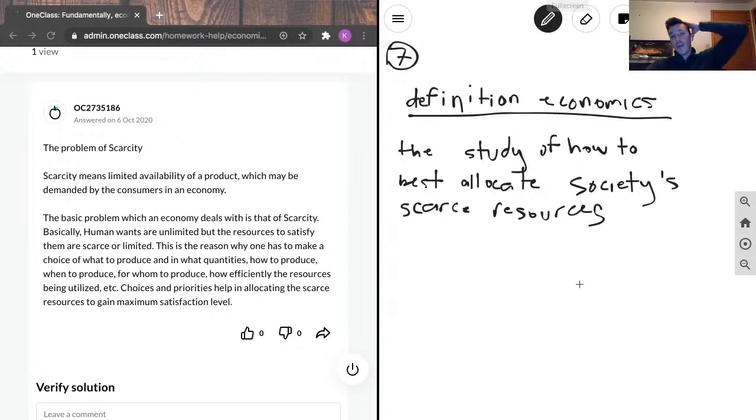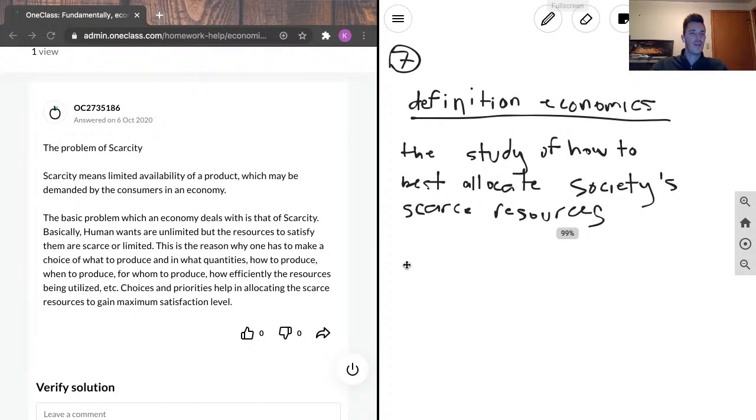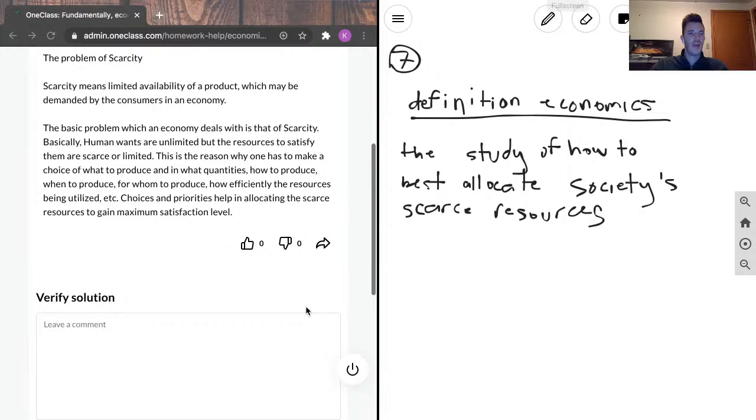So the definition of economics is the study of how to best allocate society's scarce resources. I must have answered this on 4 different multiple choice tests, so I'm really trying to drill that into your brain.